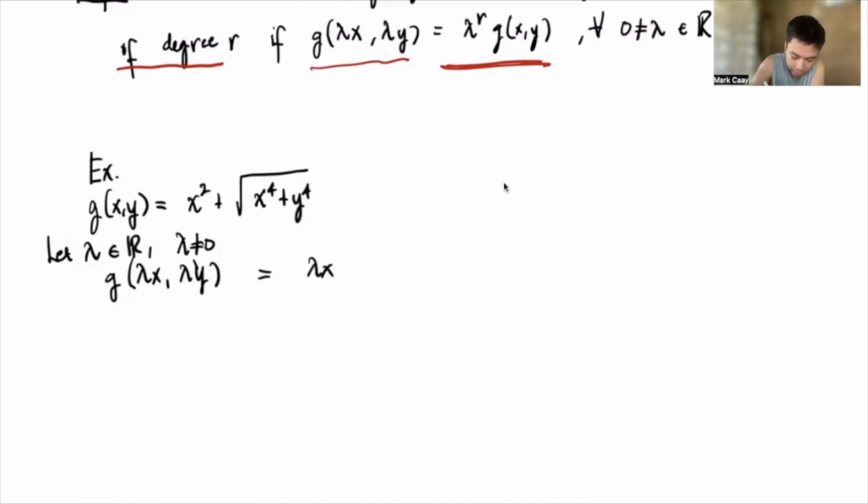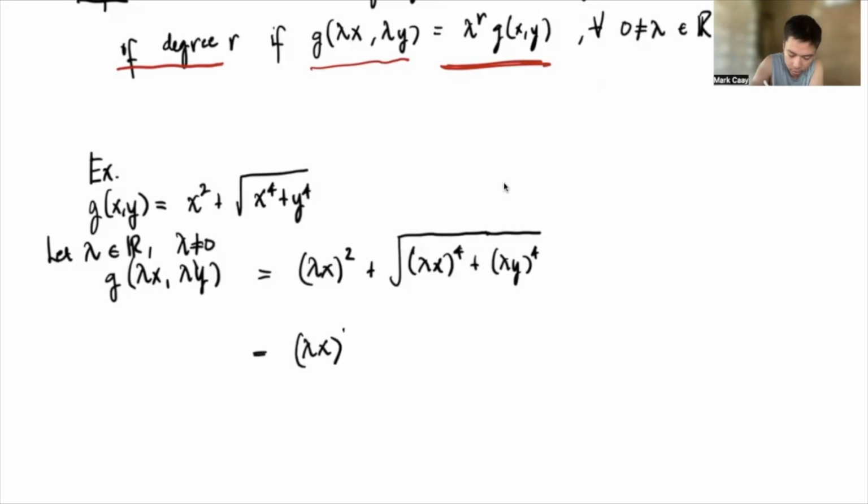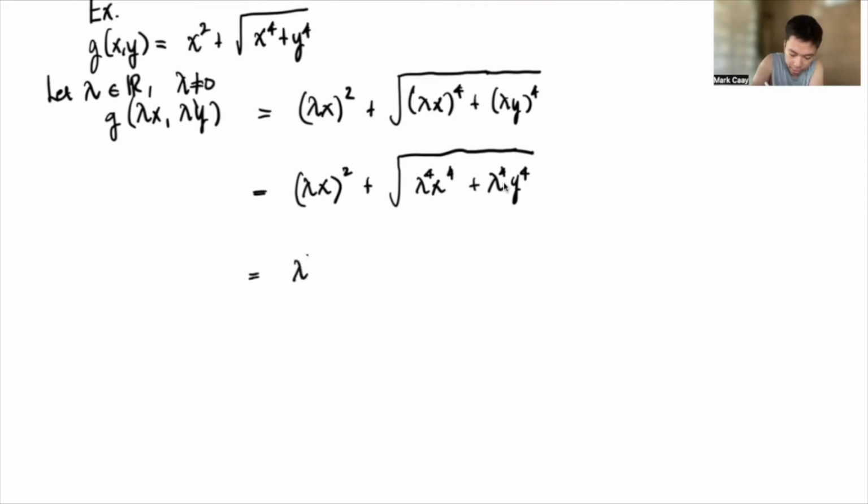This becomes (lambda x) squared plus the square root of (lambda x) to the 4 plus (lambda y) to the 4. So this becomes lambda squared x squared plus the square root of lambda to the 4 x to the 4 plus lambda to the 4 y to the 4.